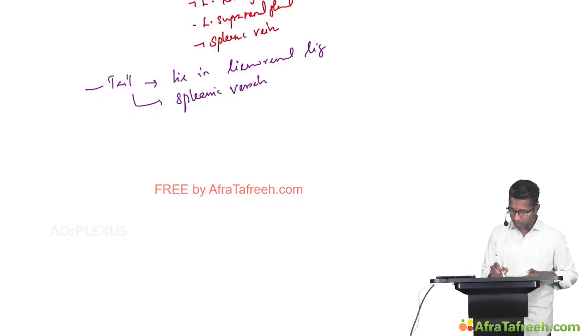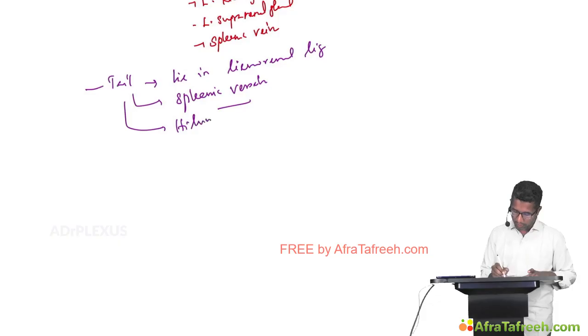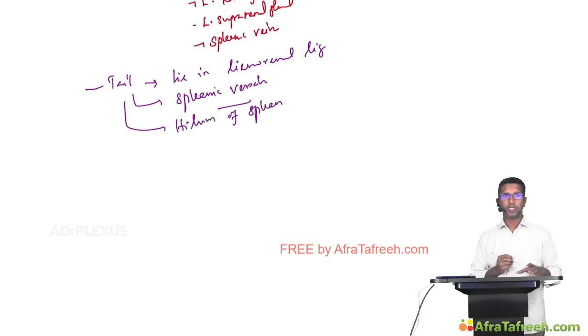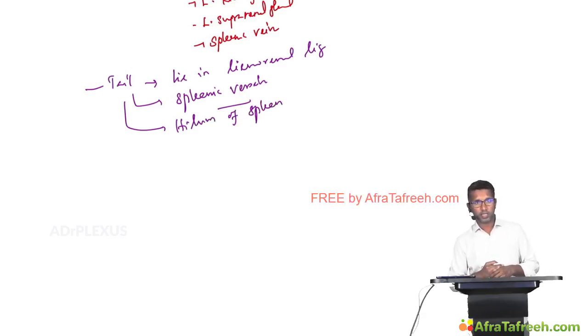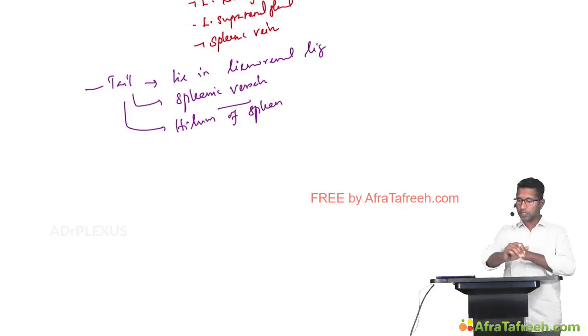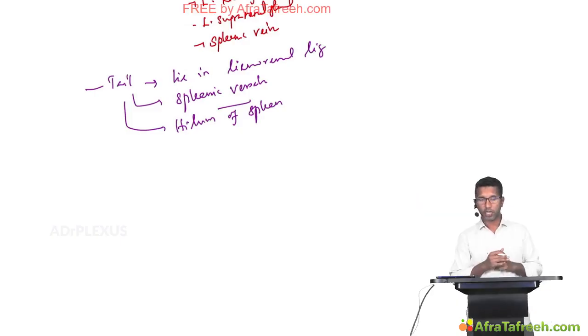Here it is related to the splenic vessels, and here it is related to the hilum of the spleen. So this is all the relationship of the tail of the pancreas: the splenic vessels and the hilum of the spleen.